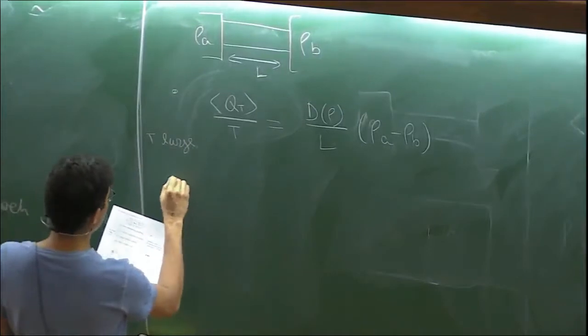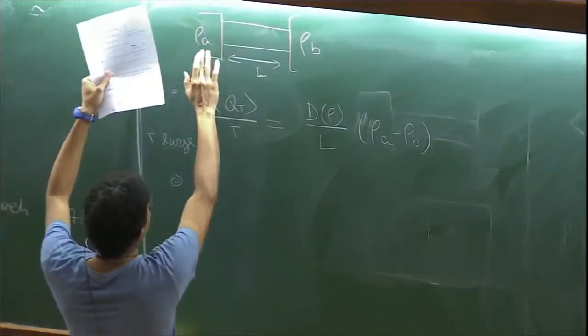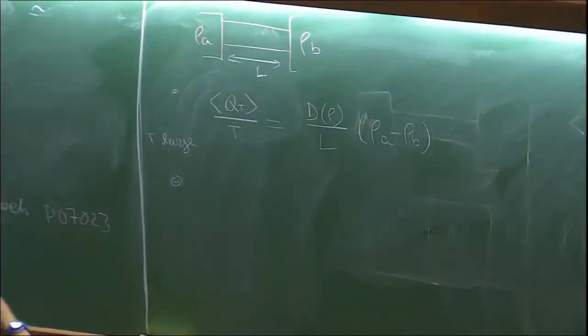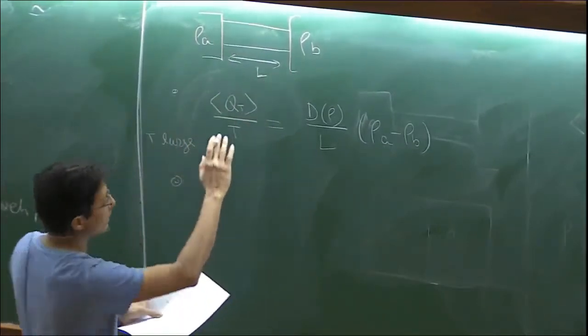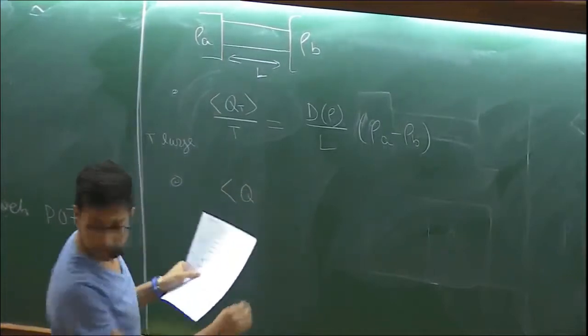The second property is that if I make the two reservoirs at the same density, then the system is in equilibrium.